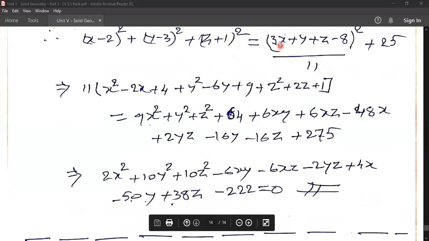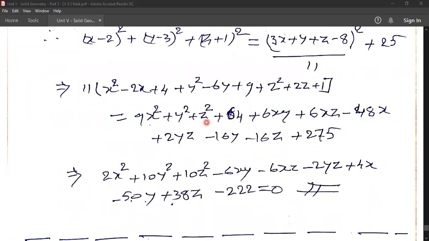Then I have solved this as 3x square is 9x square, y square is y square, z square is z square, minus 8 square is 64. 2 times the product of this is 6xy, 2 times the product of this is 6xz, and this is 24 into 2 is 48x, and then 2 times the product of this is 2yz, then 2 times the product of this is minus 8 into 2 is equal to minus 16y.